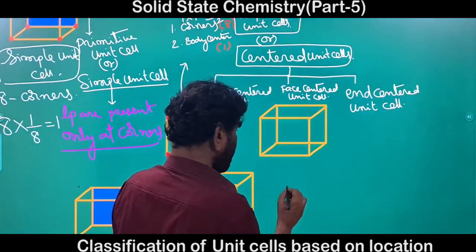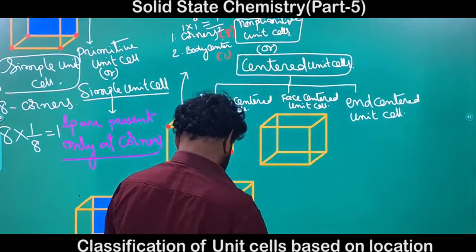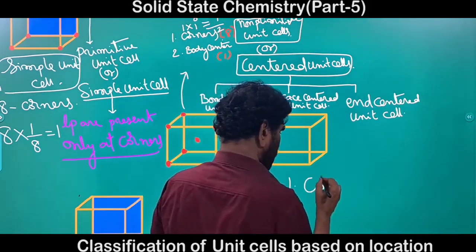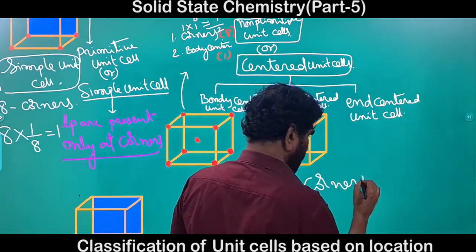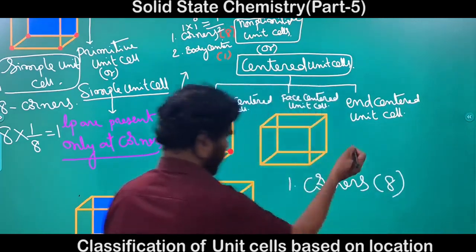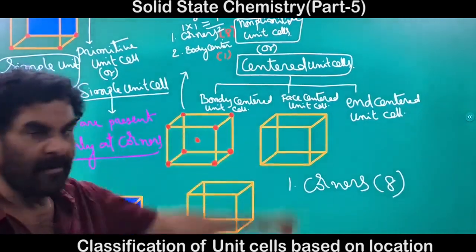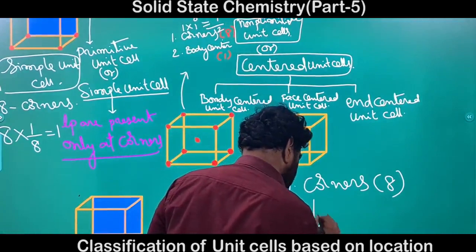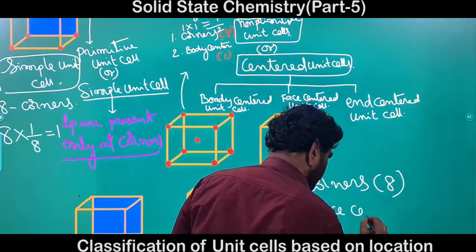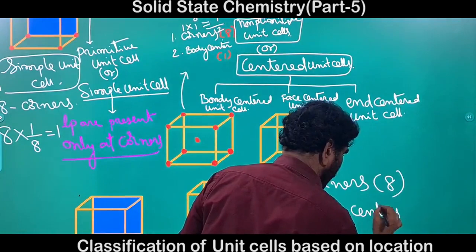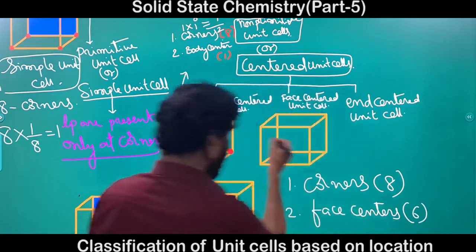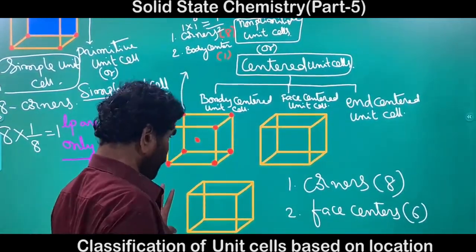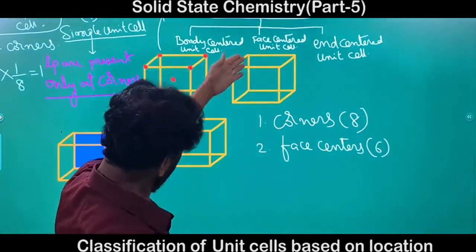Where are they present? I told you, always corners: 8 corners, 8 lattice points at the 8 corner positions. And the second one is the face centers. The lattice points are occupying the face centers.